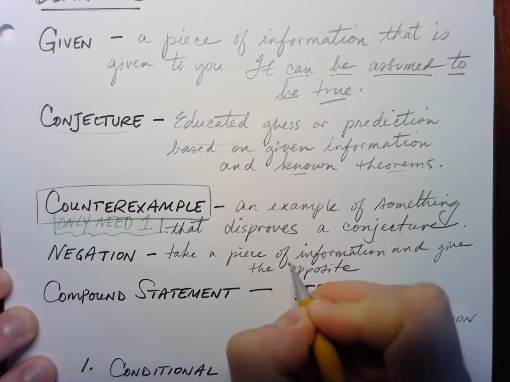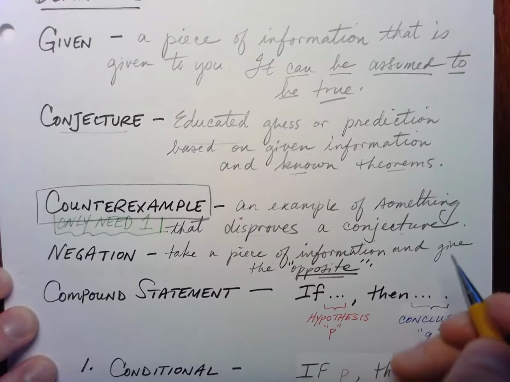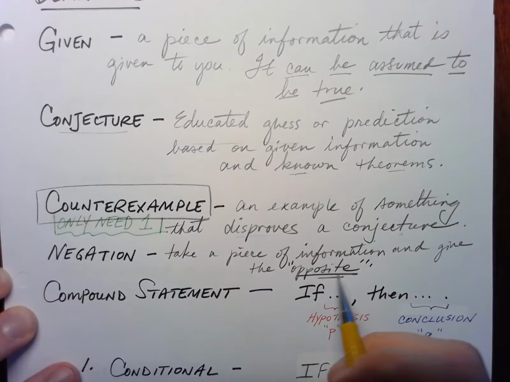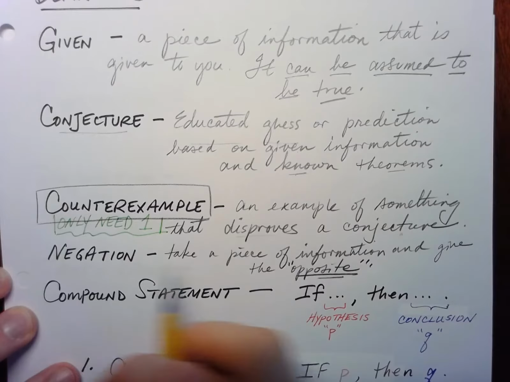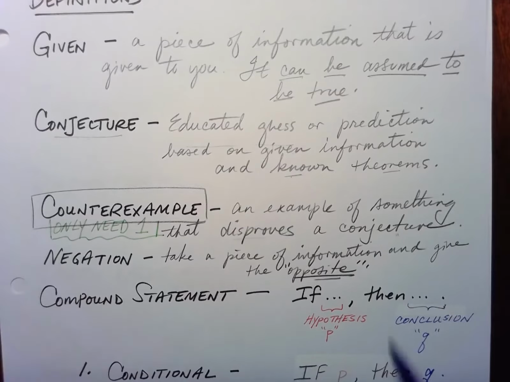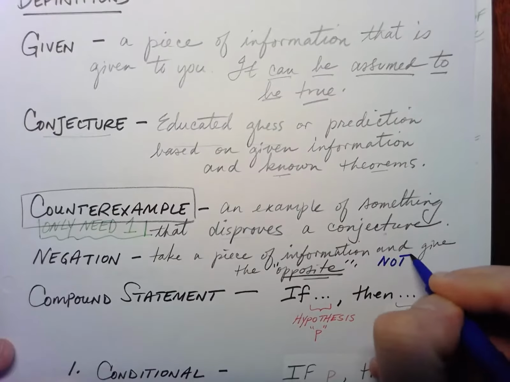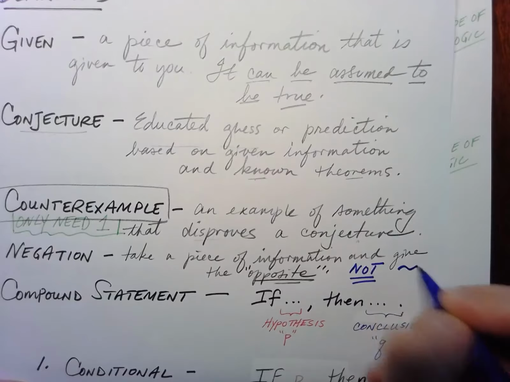And I'm going to use this word "opposite" in quotation marks because it's not really the opposite. Usually we think about this and we say, well, if there is a given piece of information, we find the negation of that by using the word "not," and we also use this symbol, which is a tilde just by itself.